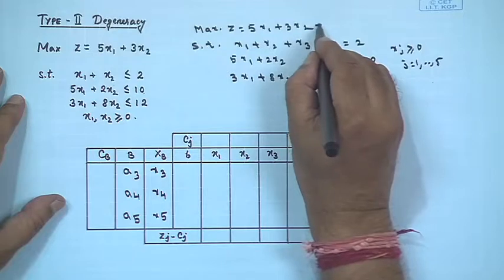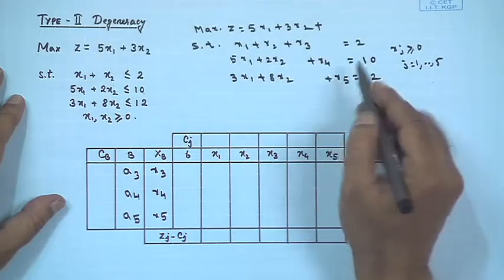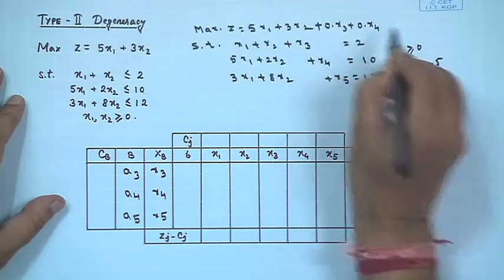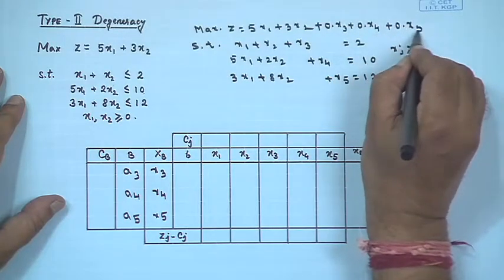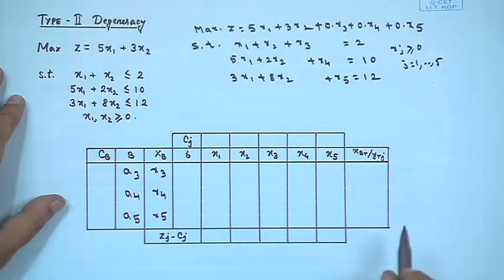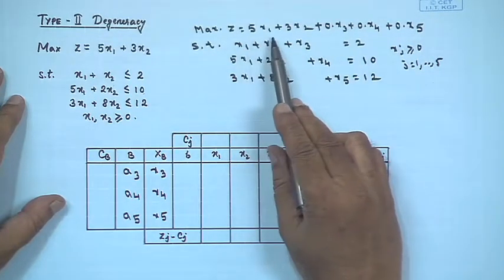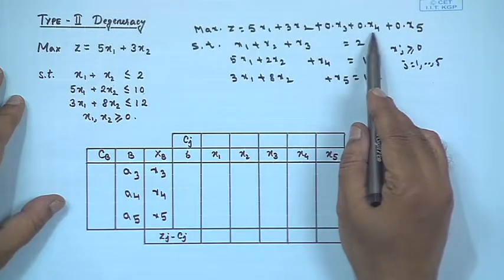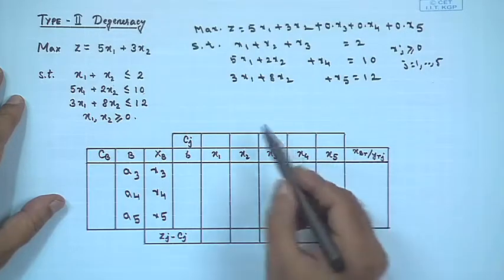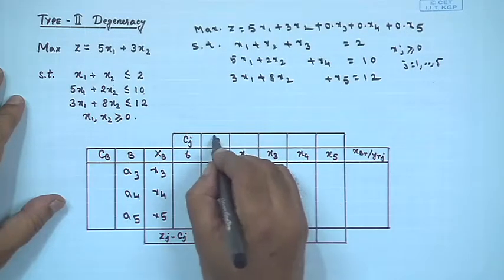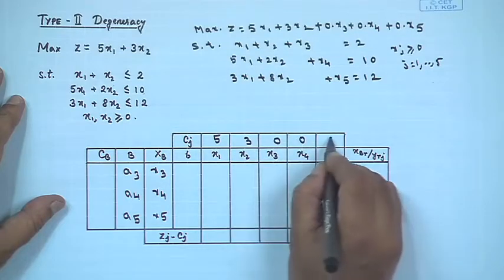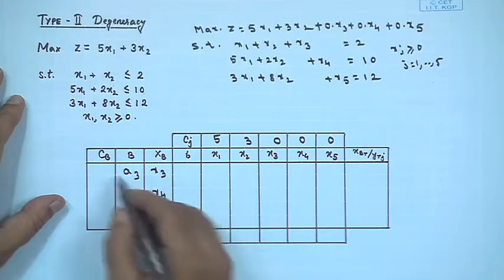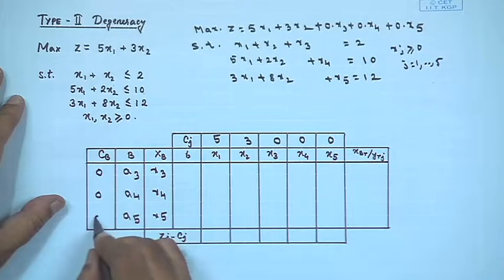Obviously, in the objective function the coefficients of the slack variables will be 0 only. So, your objective function is z equals 5x1 plus 3x2 plus 0 into x3 plus 0 into x4 plus 0 into x5. So, the Cj values are 5, 3, 0, 0 and 0. Your Cb values for x3, x4, x5 are zeros.